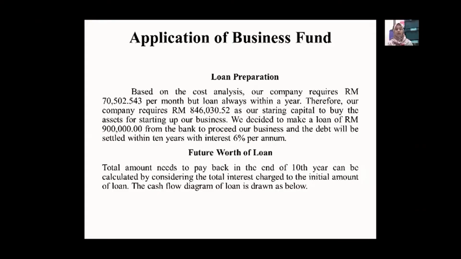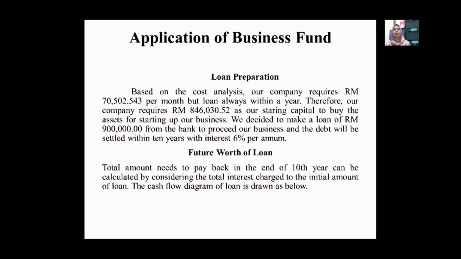As you can see, this is the applications of business fund, which has two parts: loan preparations and future worth of loan. Based on the cost analysis, our company requires RM70,502 per month, but a loan is always within a year.